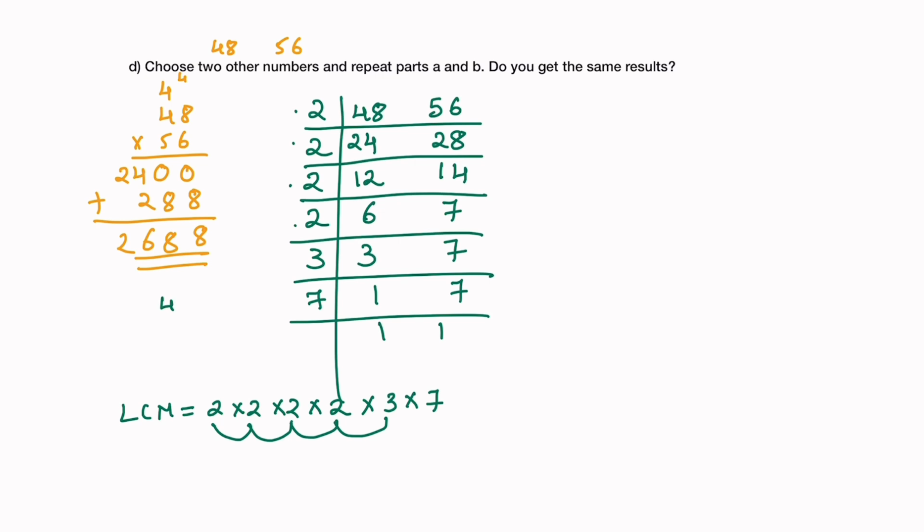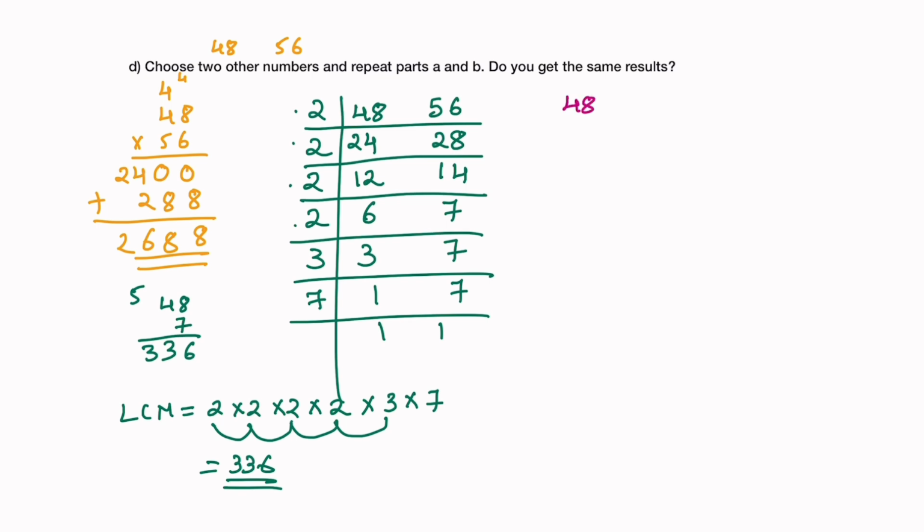Let's do the calculation here. 8 times 7 is 56. 7 times 4 is 28, 28 plus 5 is 33. So the LCM is 336. Okay.